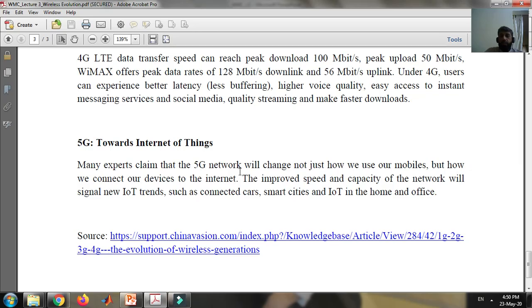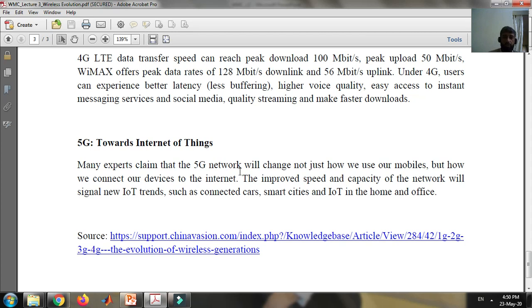Under 4G, users were able to experience better latency. That means there was less buffering for different services, higher voice quality, easier access to instant messaging services, social media, quality streaming, and faster downloads.